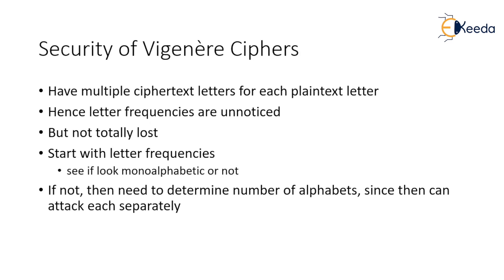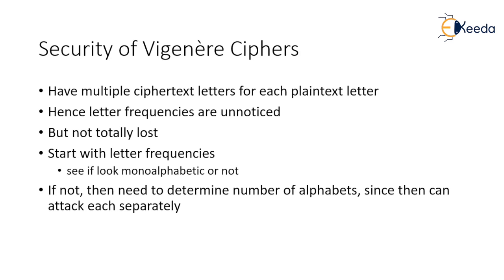Hence the letter frequencies are obscured, like letter frequencies are unnoticed by the attacker, but not totally lost. It is not the case that if any attacker really wants to breach this, they cannot work upon it. They have to just start with the letter frequencies. If not, they need to determine the number of alphabets, since then they can attack each separately.